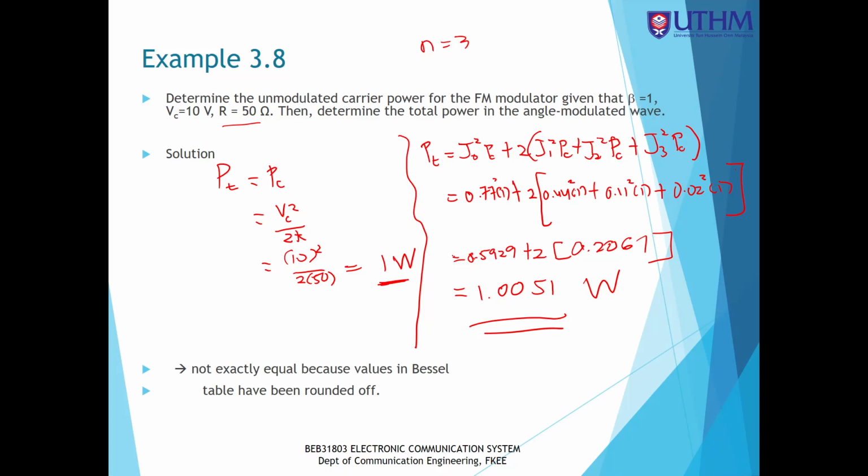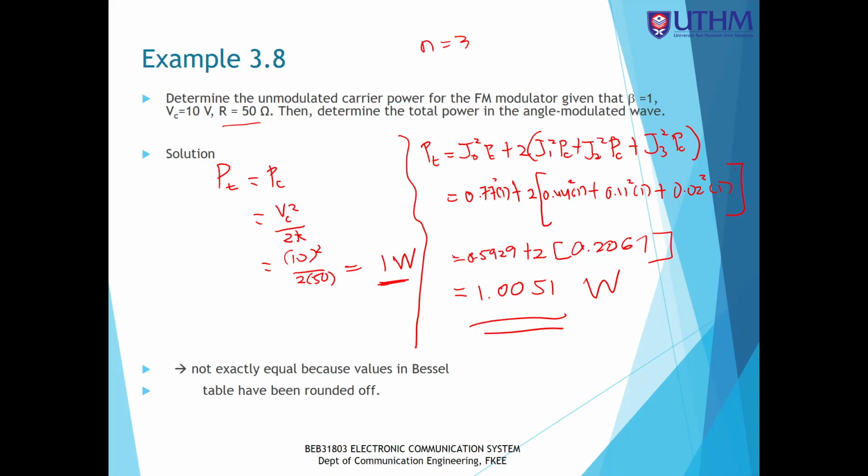So the difference is only a few decimal points. If you get 2 point something, something is wrong, your answer is wrong. It must be within decimal points difference.